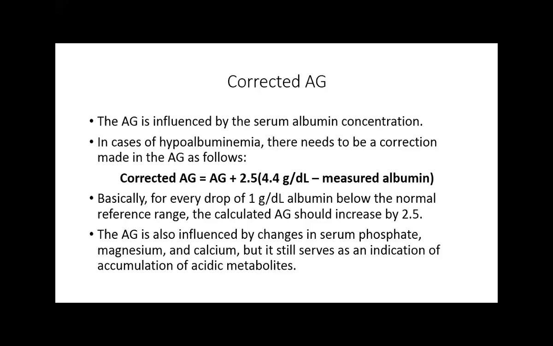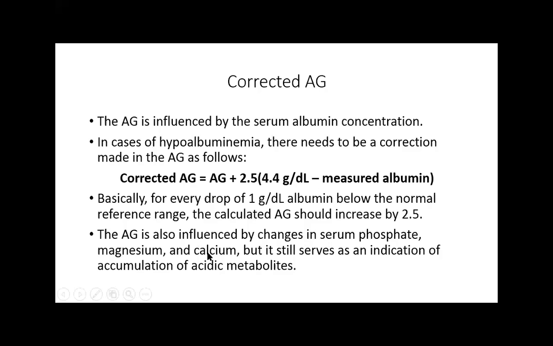It's the one protein that really can have an impact. This can be significant enough that an anion gap that may be borderline, if you adjust for albumin, becomes a significant excursion outside of the reference range.